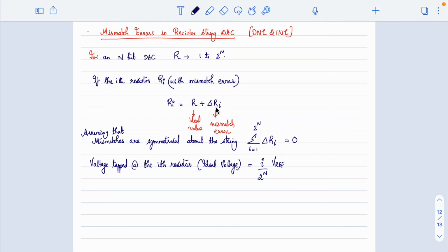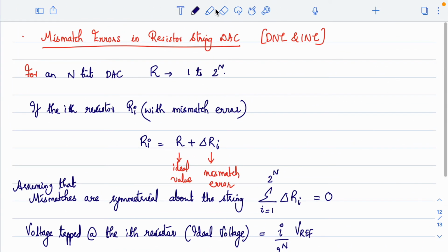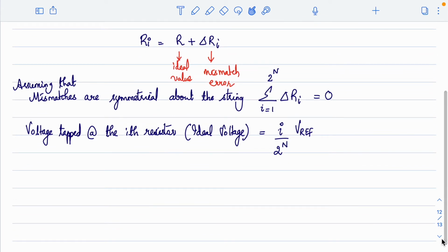But one assumption for the calculation purpose: if I consider the resistor string DAC as a whole, the sum of all the mismatches I am considering equal to 0. Later we can add that. In that case, I am going to write the ideal voltage that is tapped at the ith resistor and the actual voltage which is tapped at the ith resistor, and through that I can write the INL value. Alright. So can I get some more response regarding the expression I have written? If you have questions, please put them in the chat box.